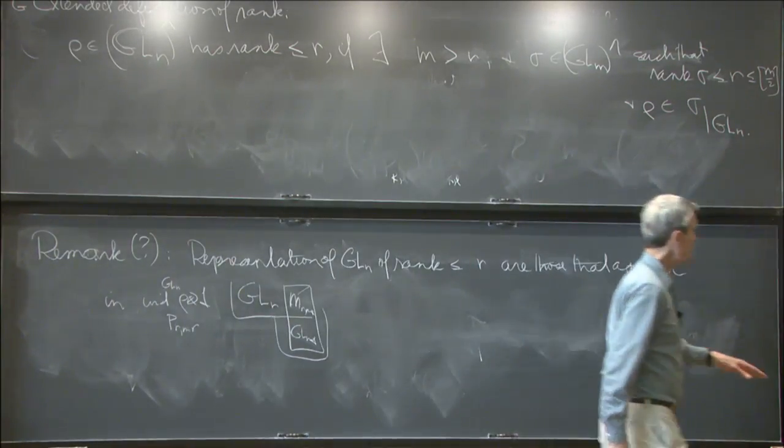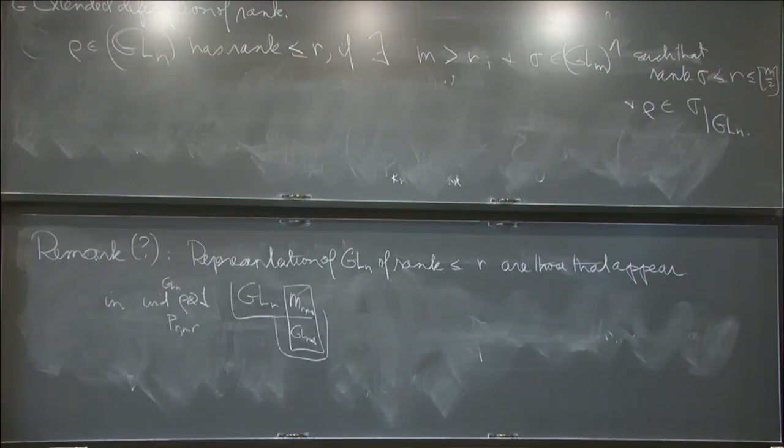But again, that's not strictly the case, because in this construction, what you can check is that the multiplicity with which the rank R characters of this group appear will be the dimension of rho.